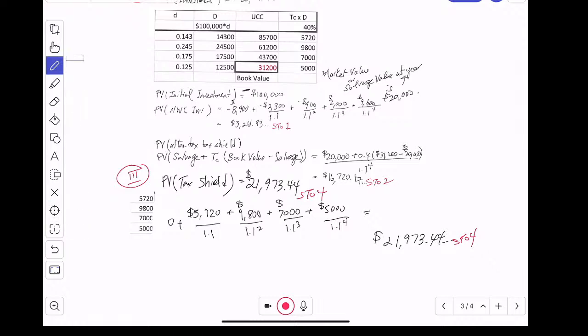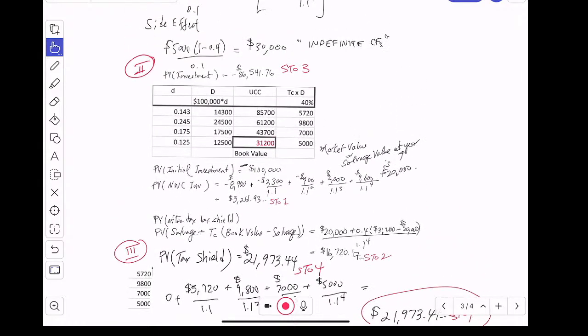So to recap, this is for the tax shields. This up here was for the investment. And I got that because this one is a negative, and these two parts. This was net working capital investment, which was a negative.